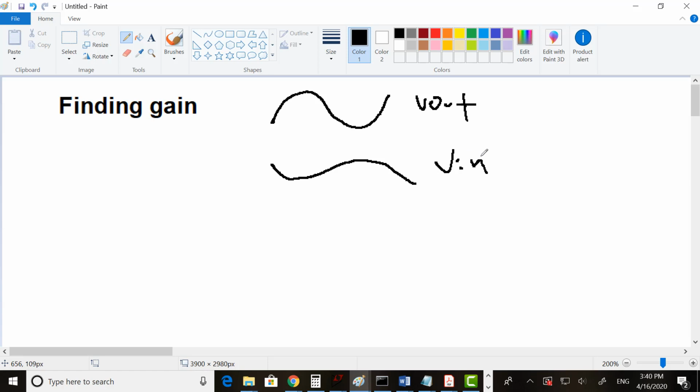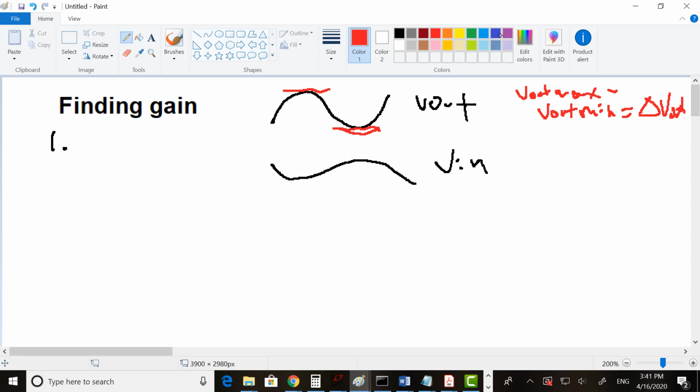So there's two. The first way, which you'll do in lab, but is actually one of the least accurate ways to do it, is you'll find the max and min of V out. Take that difference: V out max minus V out min, and that equals your delta V out.